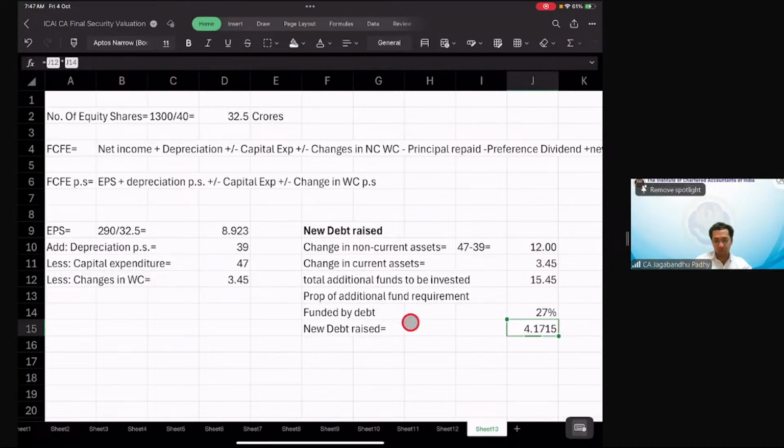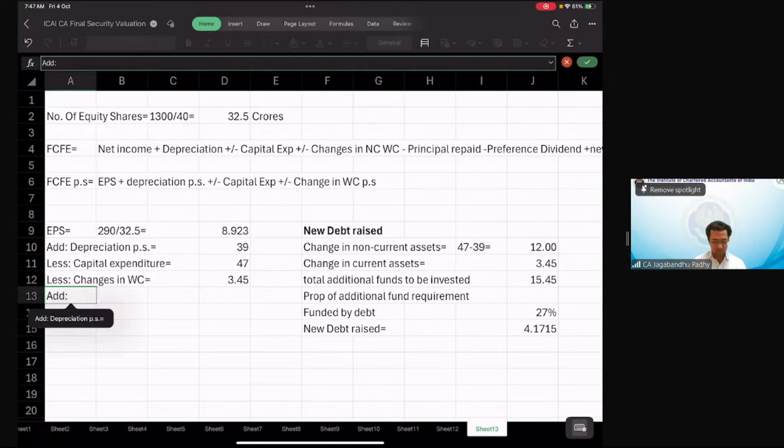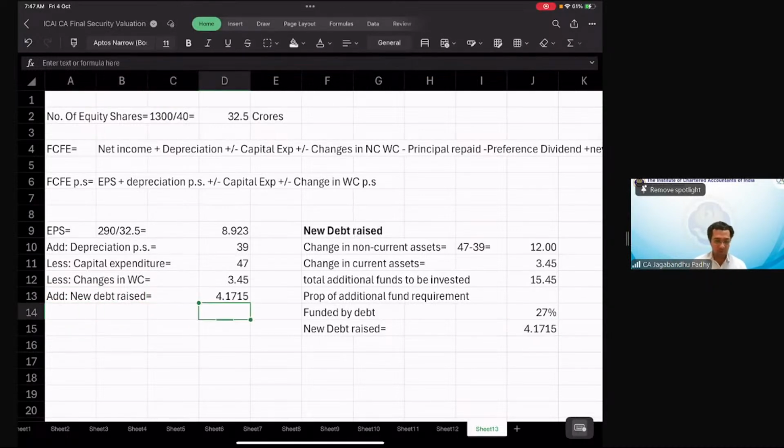Okay, so new debt raised is 4.1715. Now, what will happen to this new debt raised in our calculation of FCFE? Will I add it? Yes. So we'll say add new debt raised, which is 4.1715.